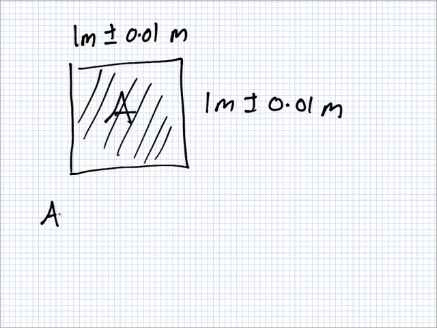So the area will be 1 meter squared plus or minus, and that's the part I want. I want you to think about what it could be. 0.001? No. 0.0? No, think for a minute.